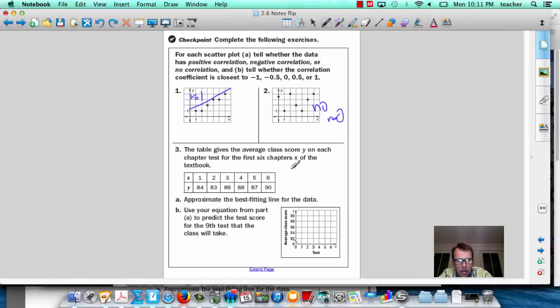And finally, you should have come up with an equation for B to be 1.3x plus 82.1. And then if you plug 9 in for x, you should get about 94.